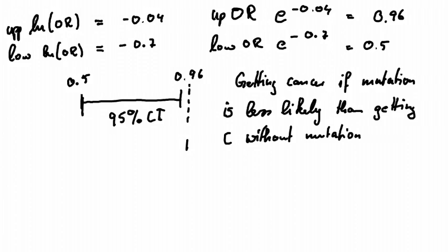And we saw that because, I got it the wrong way around, the odds of getting cancer with the mutation are smaller than the odds of getting cancer without the mutation.